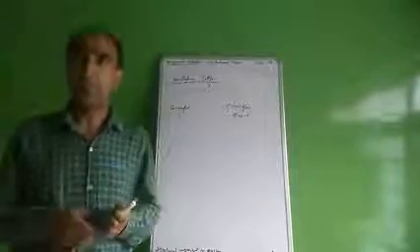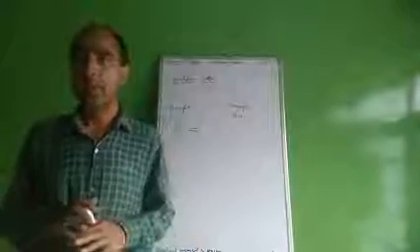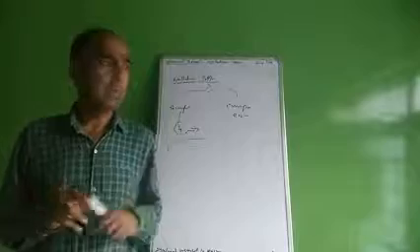Simple epithelium is further divided into four types. First is squamous, second is cuboidal, third is columnar, and fourth is ciliated epithelium.